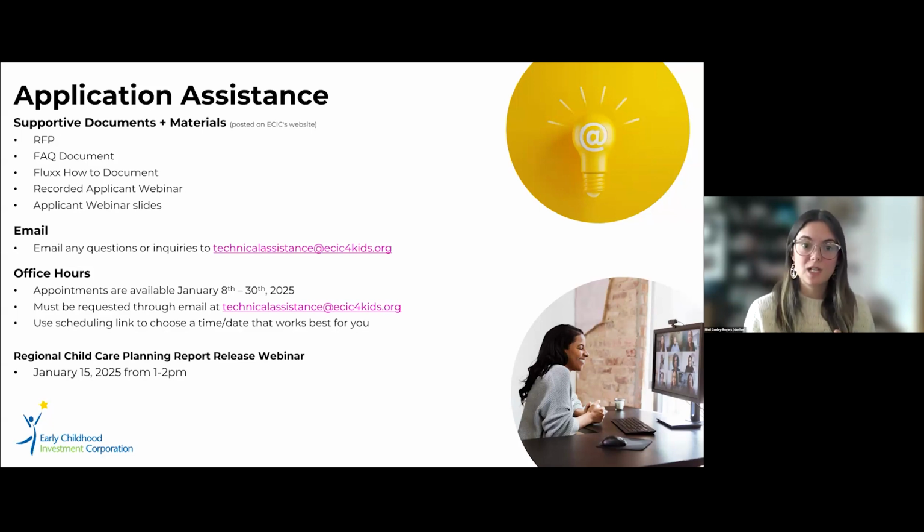Those time slots are 15 minutes. Unless you reach out and you might need some more time, we can always make space for more time if it's a more comprehensive question or a more complicated question that you might need some additional time to dive into with us. So of course, like I said, reach out anytime for that information.